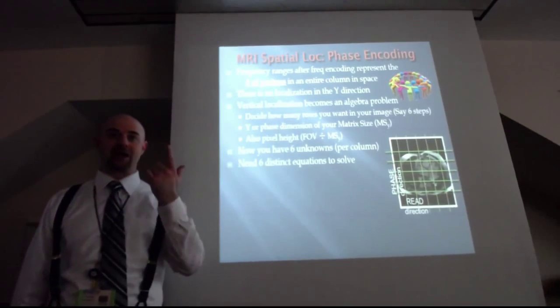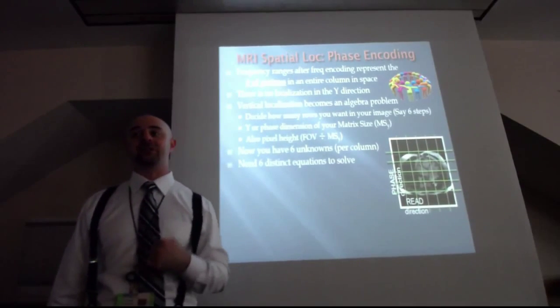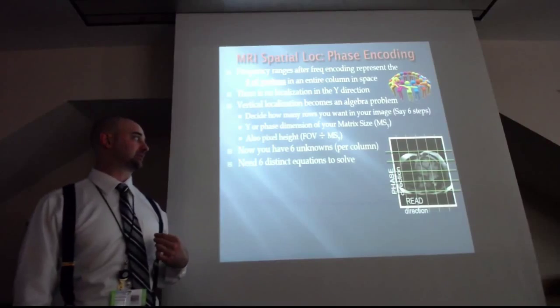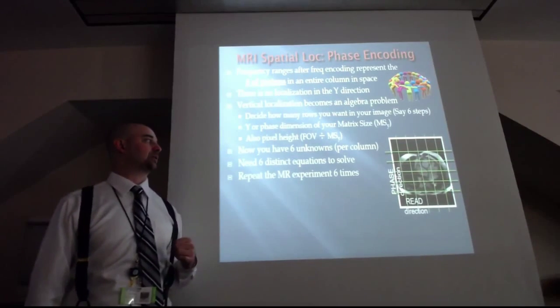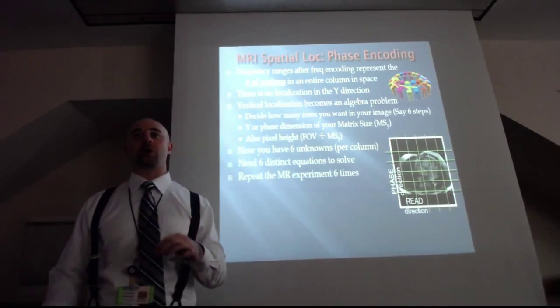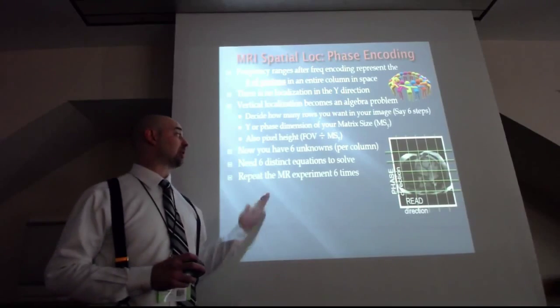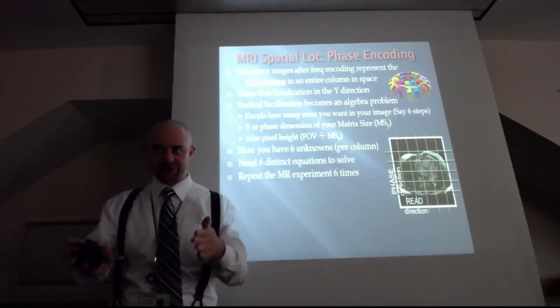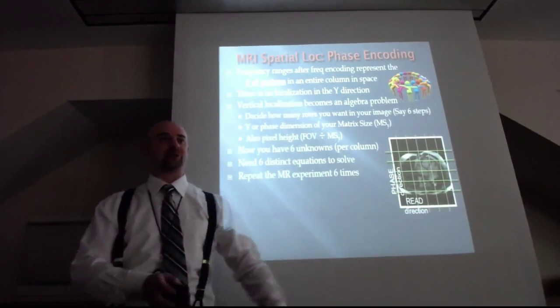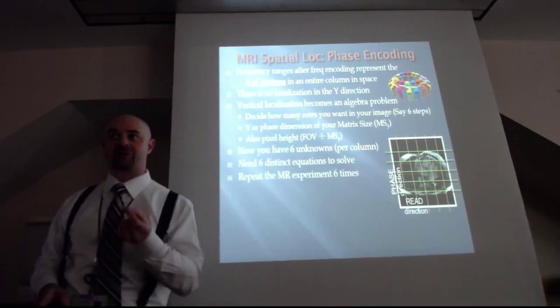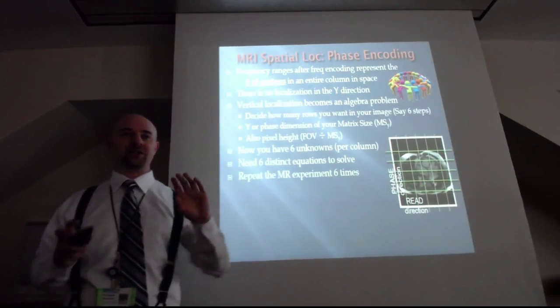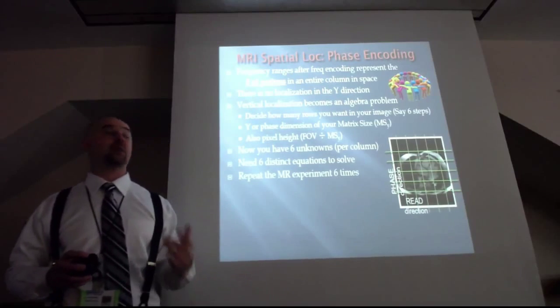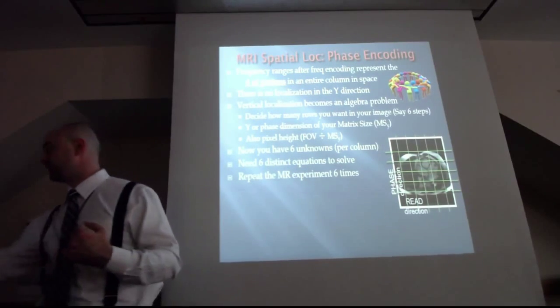So if you remember back to algebra, you need 6 distinct equations to solve for those 6 unknowns, which means that we're going to need to repeat the MR experiment 6 times. So we're going to have to do 6 repetitions of the pulse sequence diagram with slightly different phase encoding gradients. That way we get 6 slightly different echoes. That then will contain the information that we need.